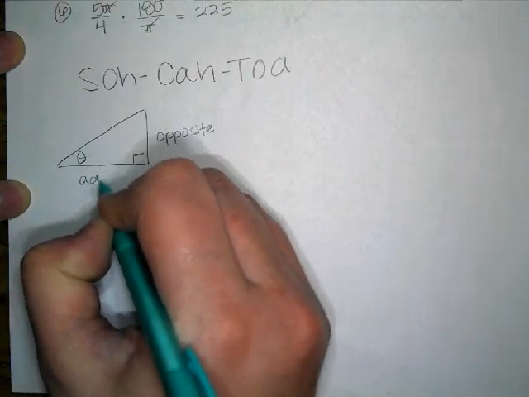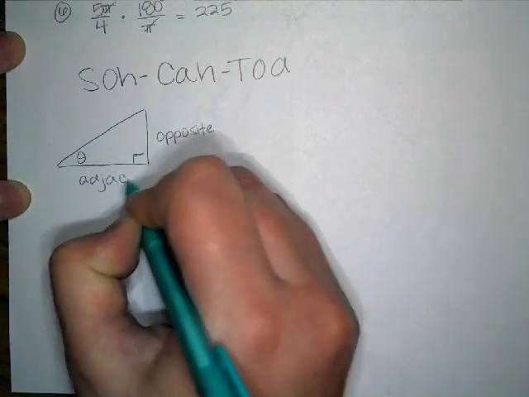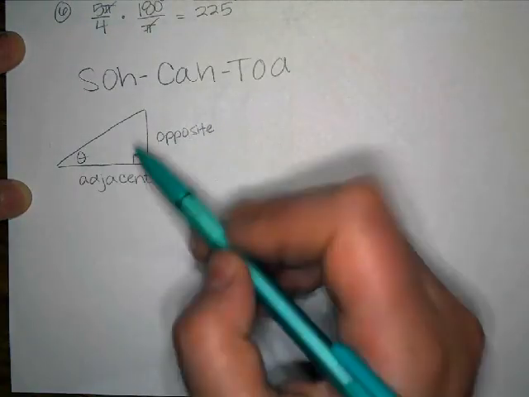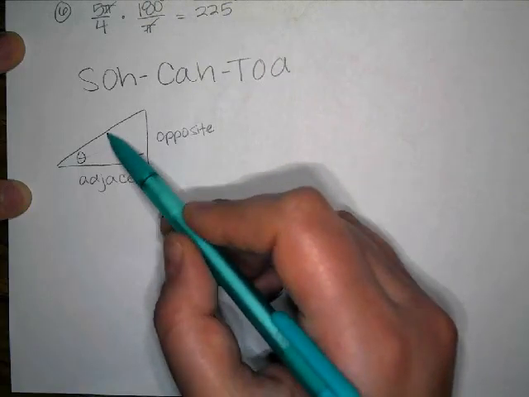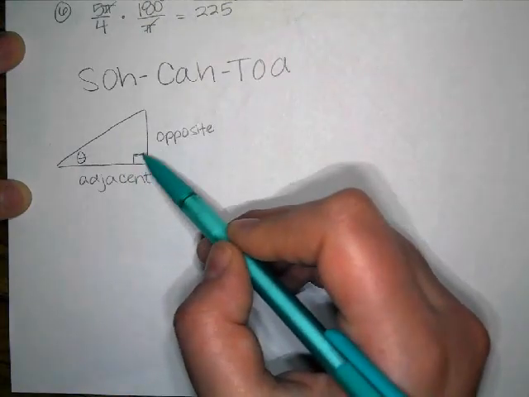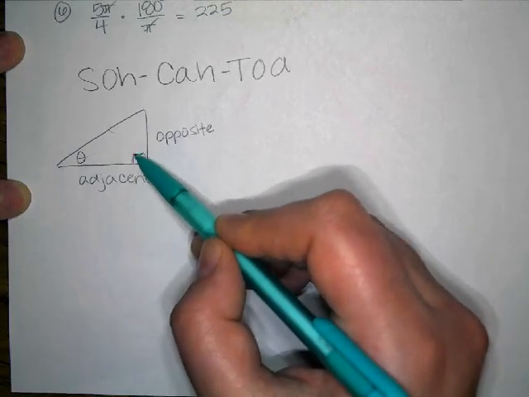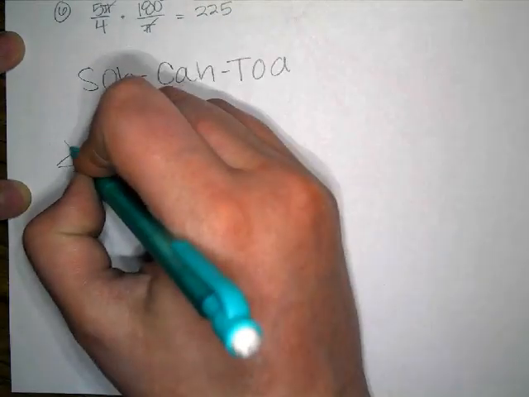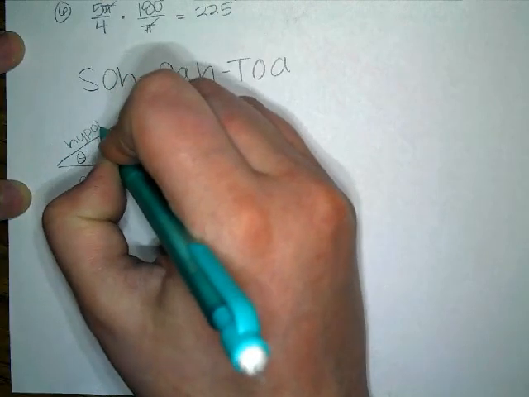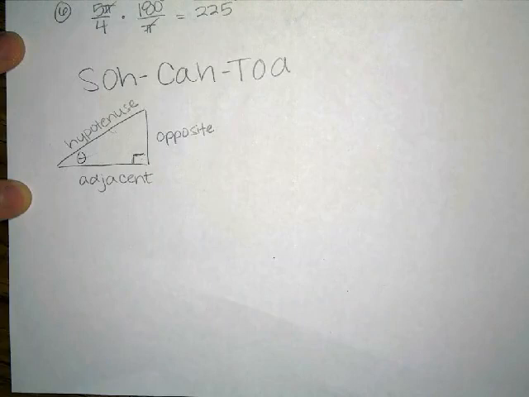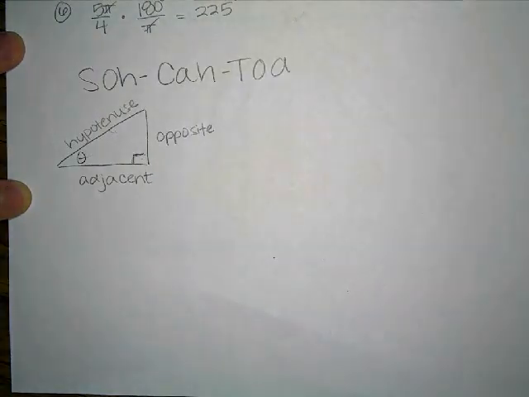And then the hypotenuse is always the longest side, it is always the side that the right angle points to. So right here we got the right angle and it's pointing to the hypotenuse. So the opposite is across from the angle, adjacent is right next to the angle, and the hypotenuse is always the longest side.